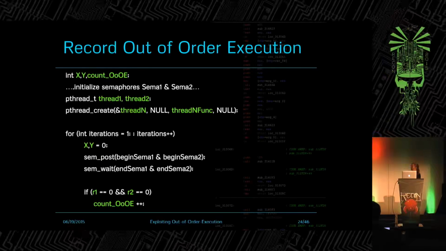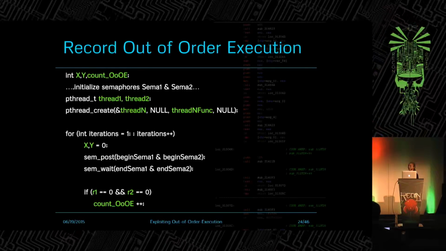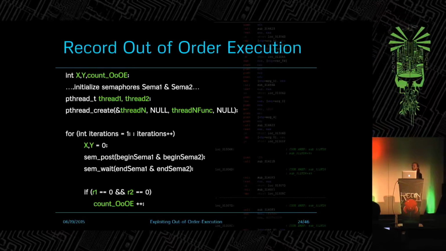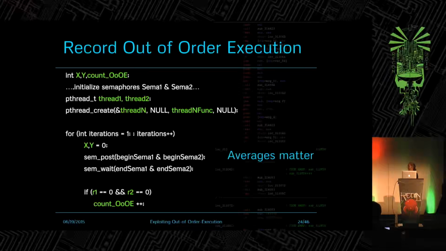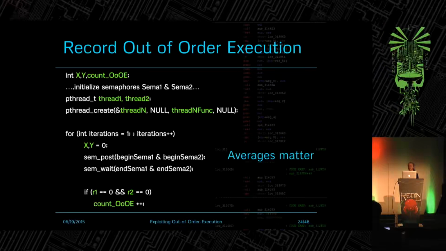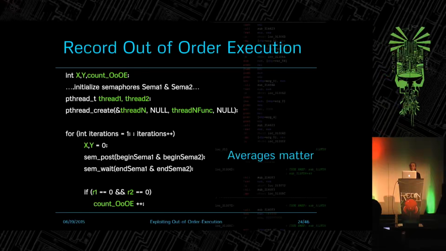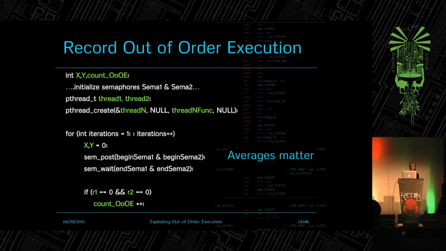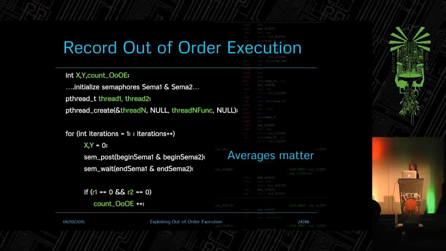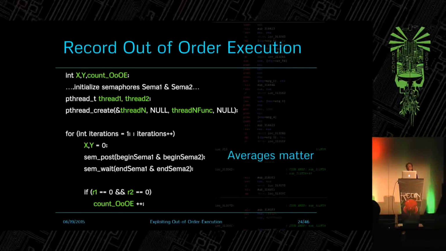And when we do this, we can get a count of the average number of out-of-order executions received in a specific time frame. And that's great for us because averages matter. We can take these averages in a specific time frame and learn what an expected average should be and what an anomalous one would be.